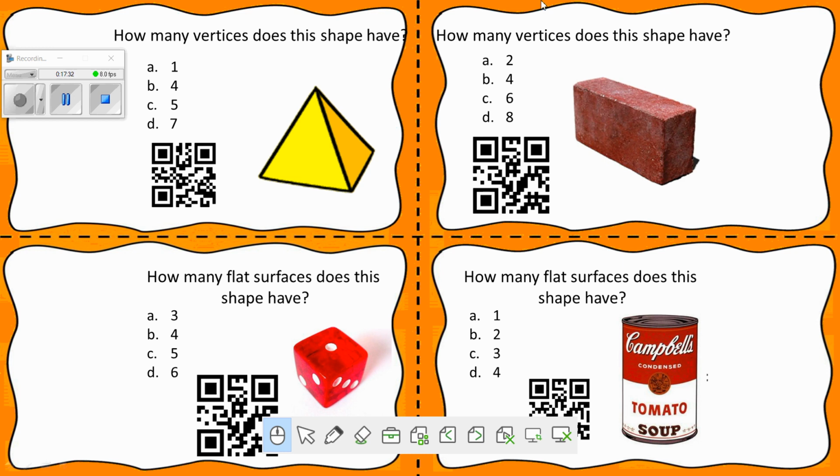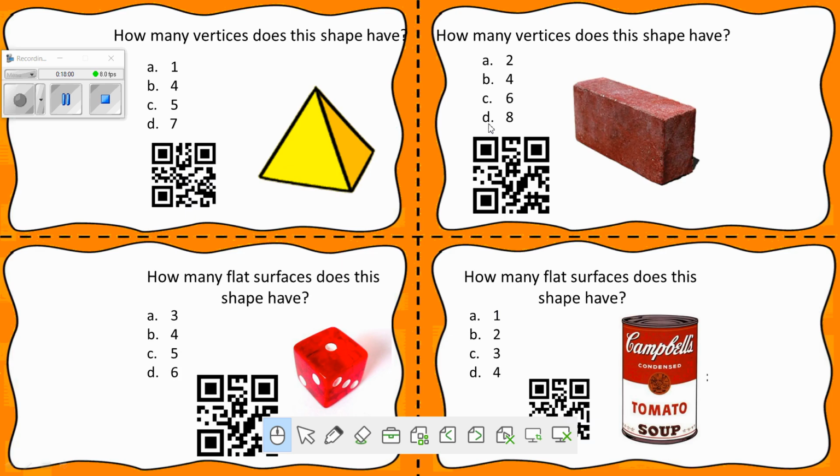How many vertices does this shape have? 2, 4, 6, or 8? 8. This is rectangular prism. It has 6, 12, 8. 6 faces, 12 edges, and 8 vertices. So the answer is 8.